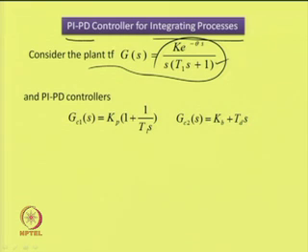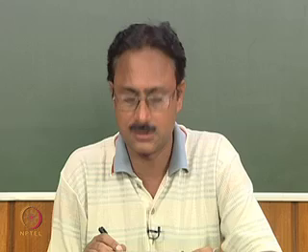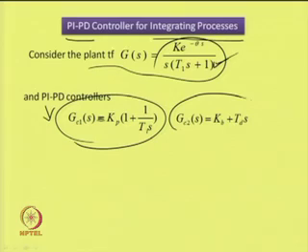And let us assume the form of the PIPD controllers to be GC1 given by Kp times (1 plus 1 upon TI s), the standard PI controller, whereas the PD controller in the feedback path is assumed to have the form Kb plus TD s.